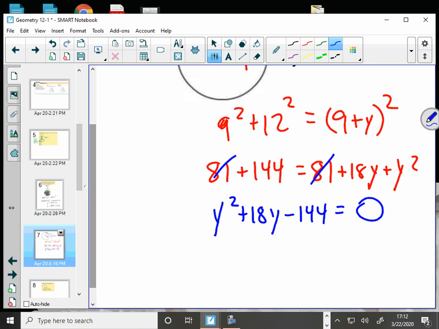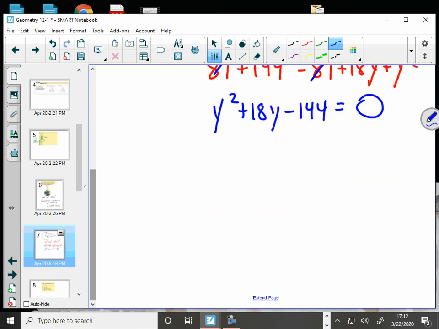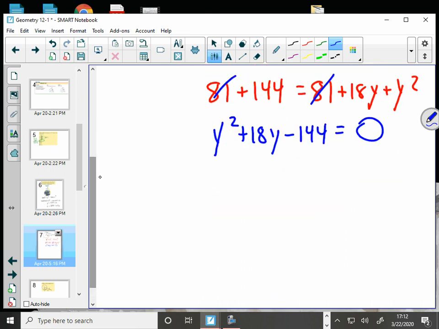And so I can probably factor this. What would this be? Minus, plus, the factors of 144 that, if you subtract one from the other, you get 18.